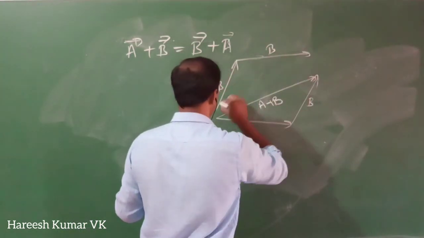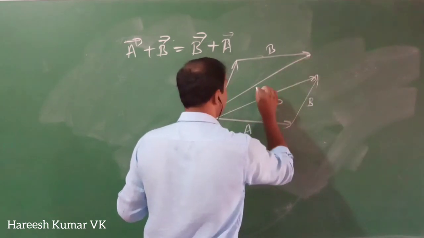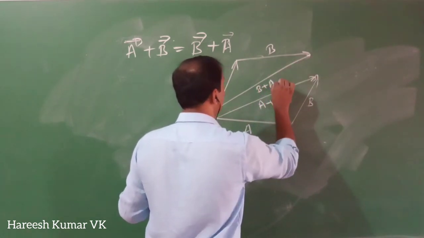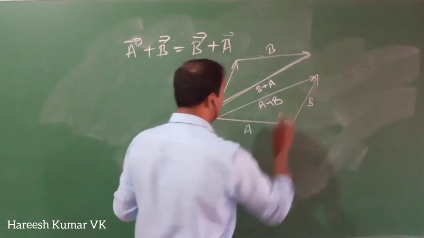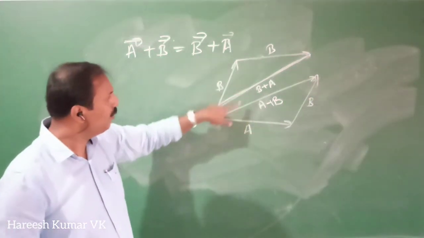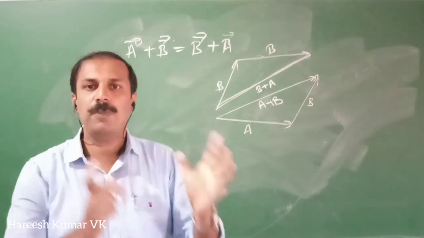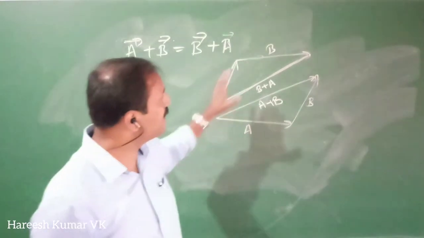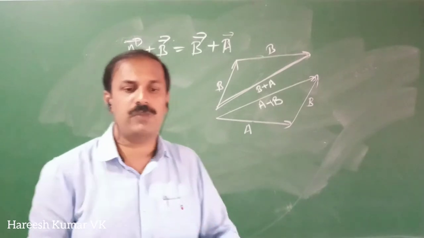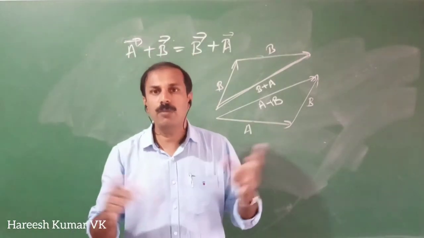So this is B plus A. You can see A plus B and B plus A both have the same length and same direction. So they are the same. So A plus B is equal to B plus A in the case of vector addition. That is, vector addition is commutative.